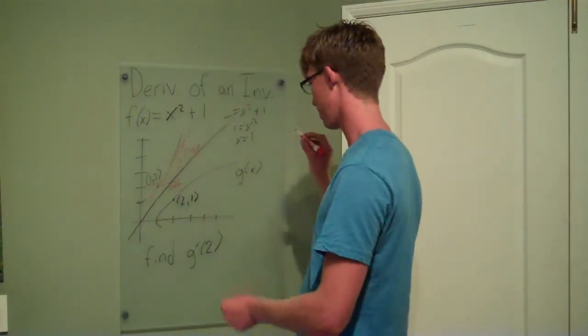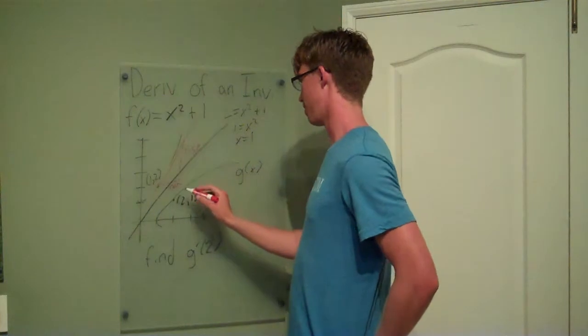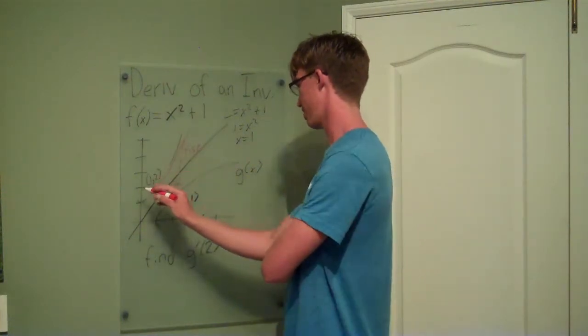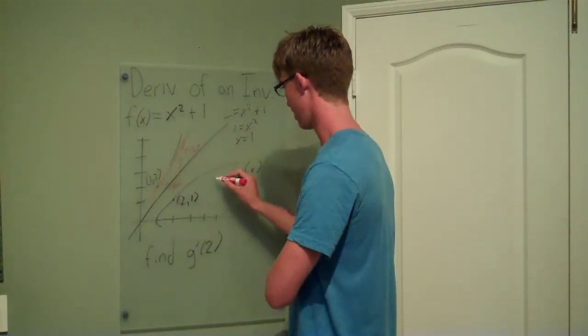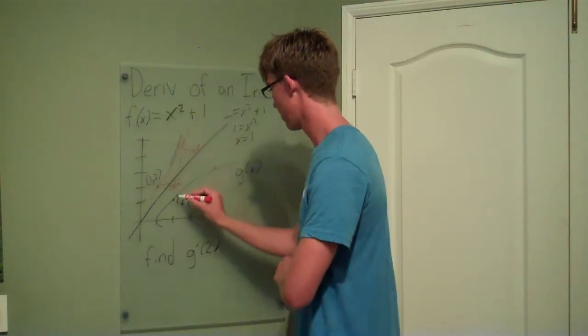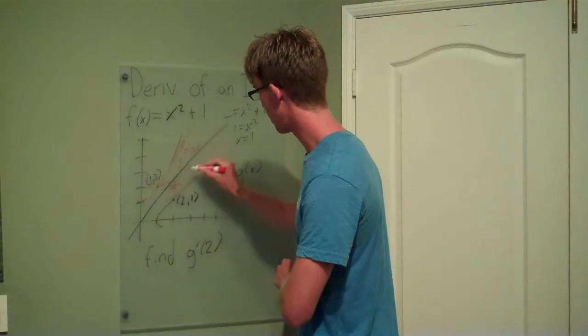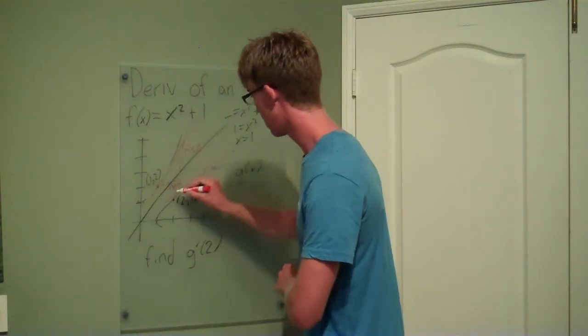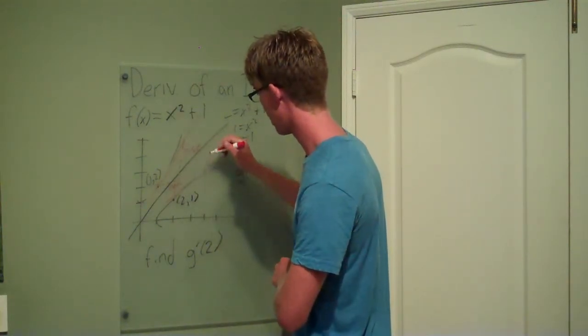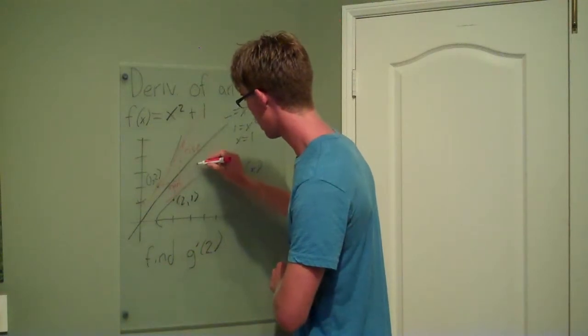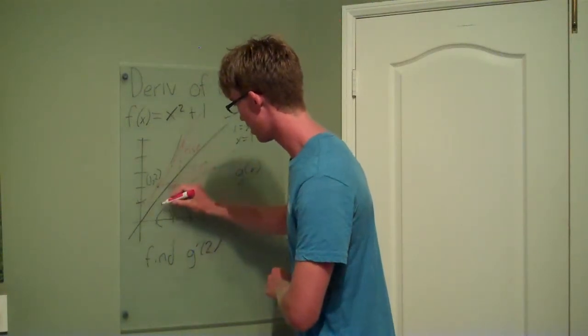And then, on the slope of g of x at the point of interest, you'll see that it also has a certain run and a certain rise.